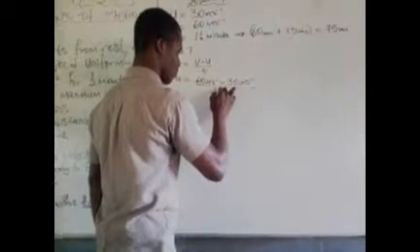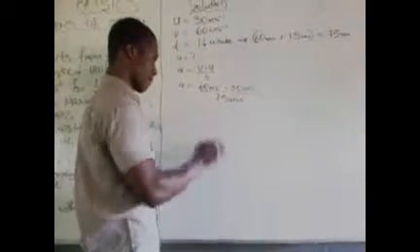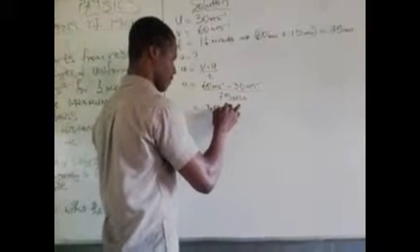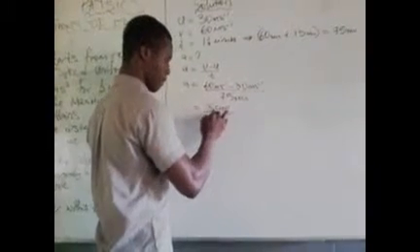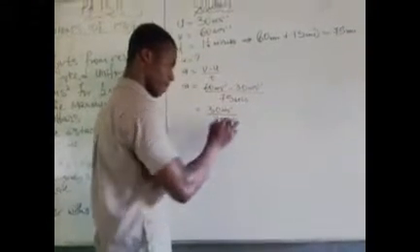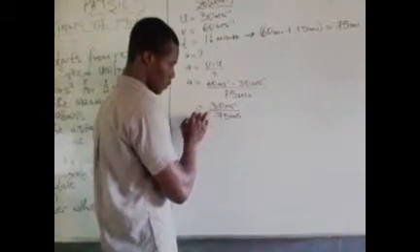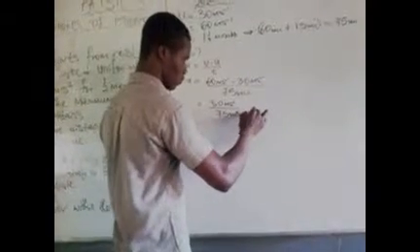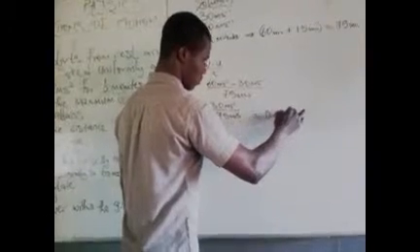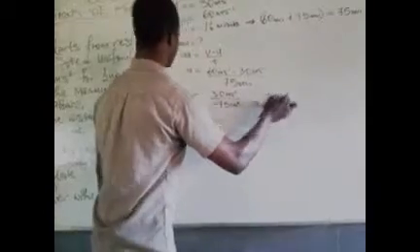That is equal to 30 meters per second all over 75 seconds. And that gives us 0.4 meter per second squared. So this is the answer to the first part of this question.